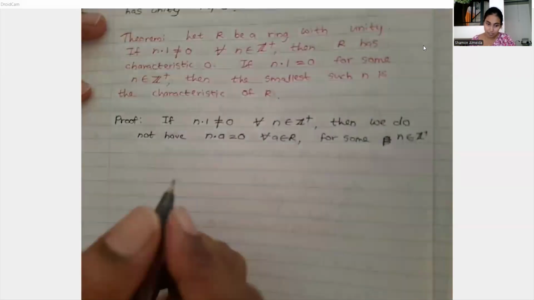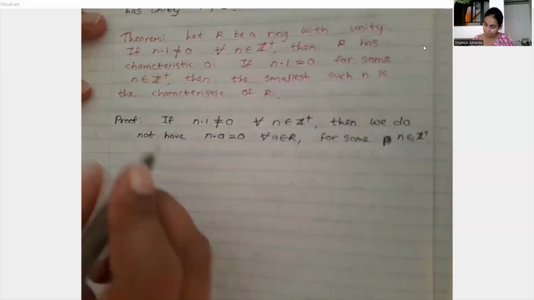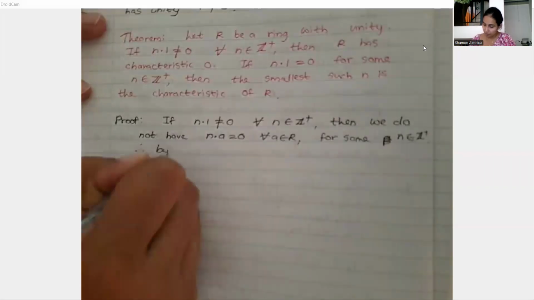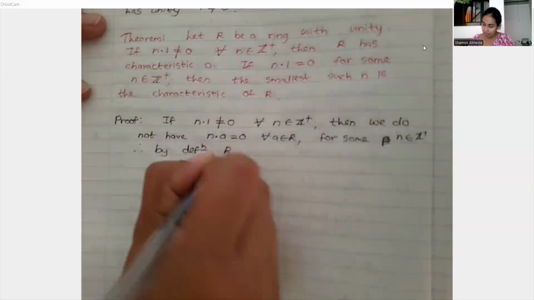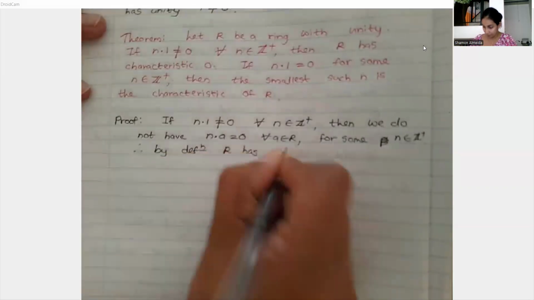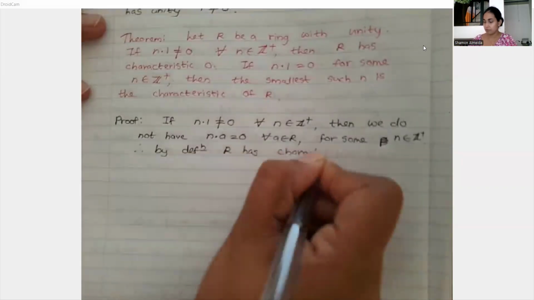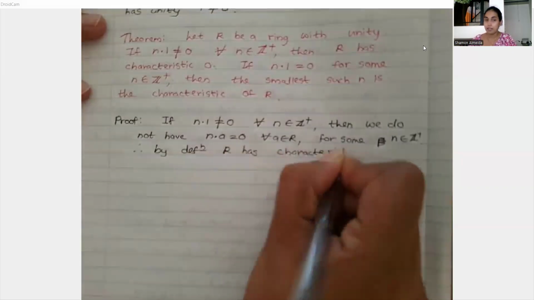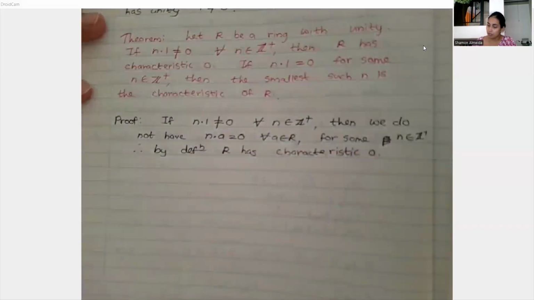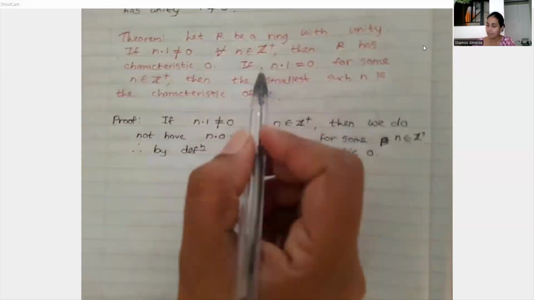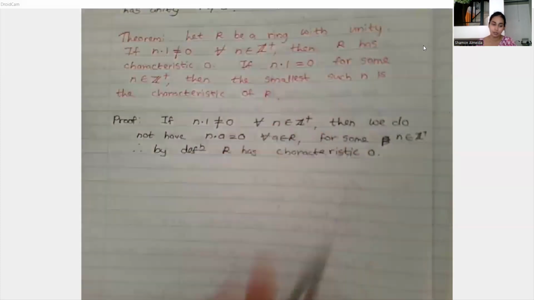Then by definition of a characteristic, R has characteristic 0.